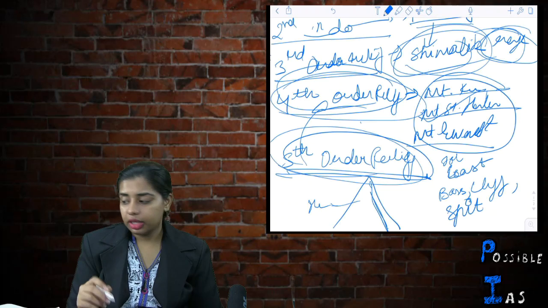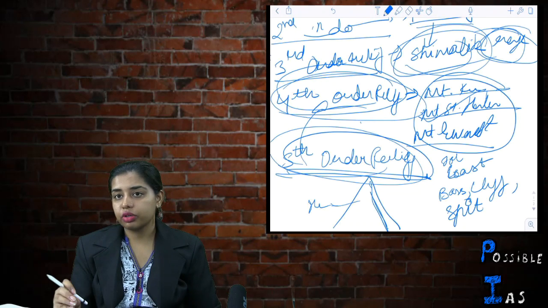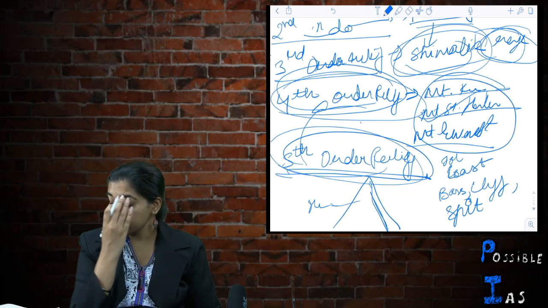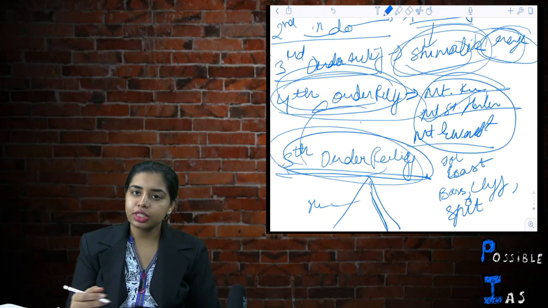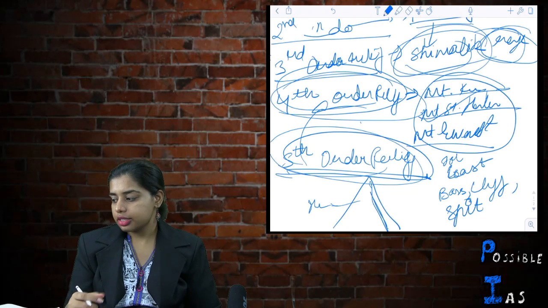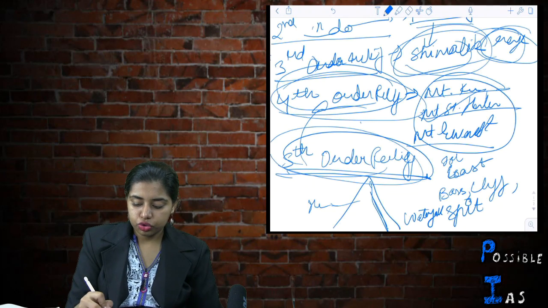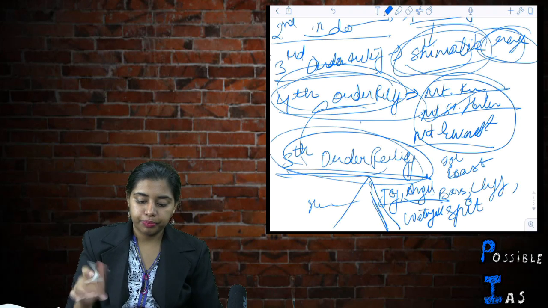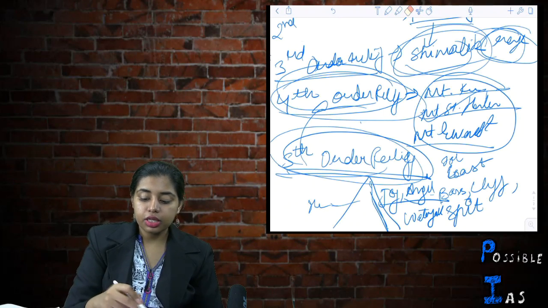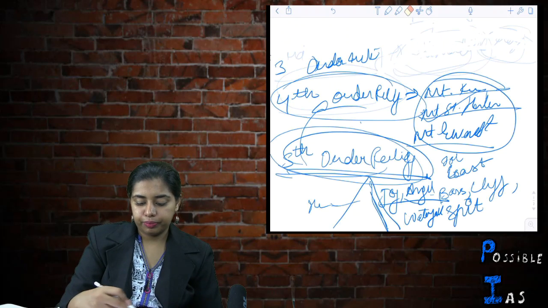And the fifth order relief will form small individual features that may be present in the fourth order relief, such as a cliff, a bar or a waterfall. Waterfall is also an example of this. So Jog Falls, Angel Falls, these are examples of waterfalls. So this is the order of the relief.